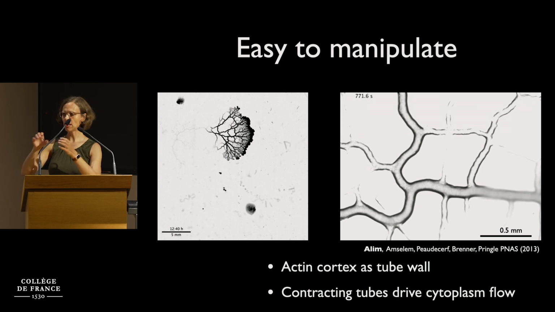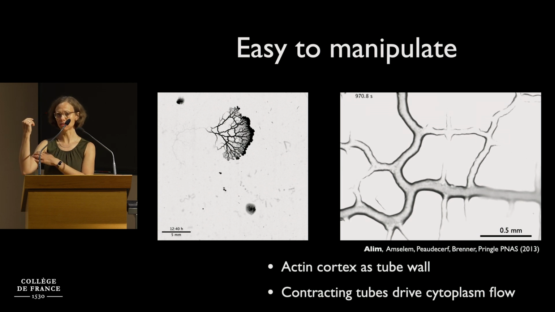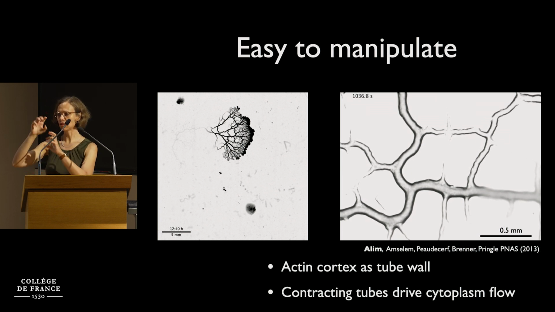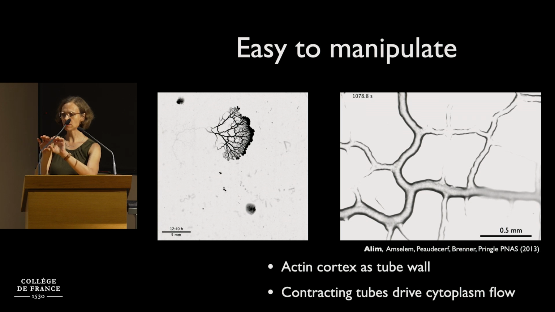these tubes are lined with an actomyosin network, and actomyosin is the same building block as our muscles. So basically, you have a muscle-like structure embedded in the tube walls, and now these muscles are undergoing rhythmic contractions.